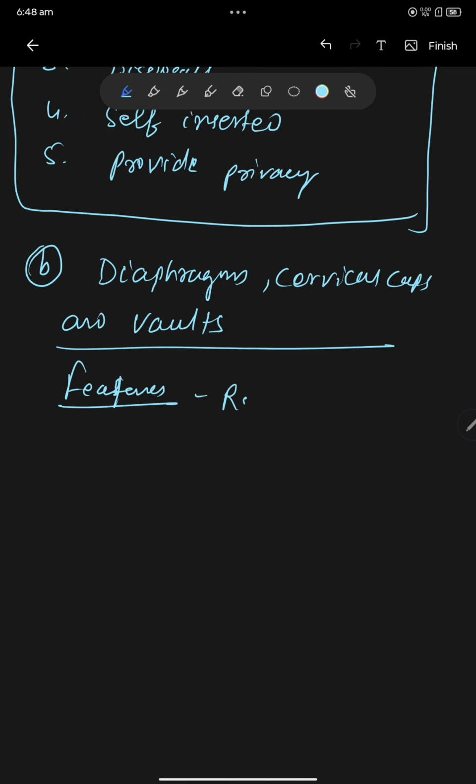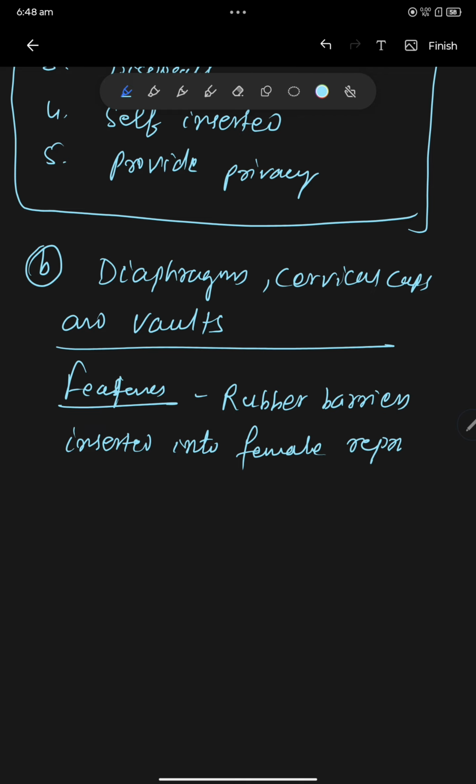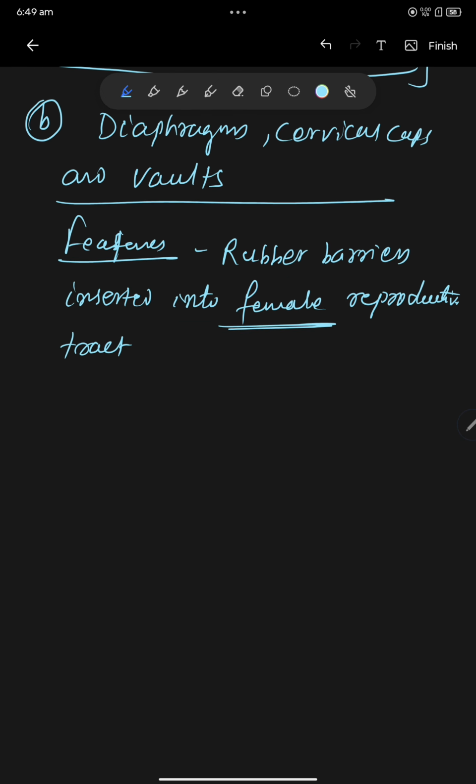These are rubber barriers inserted into the female reproductive tract. Remember, female reproductive tract. This is very, very important. This is not used for the male.